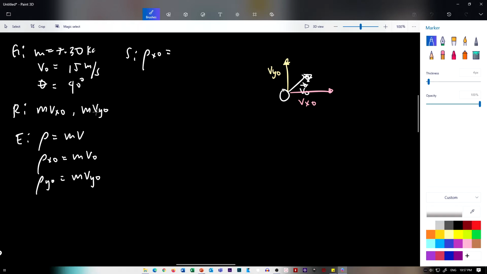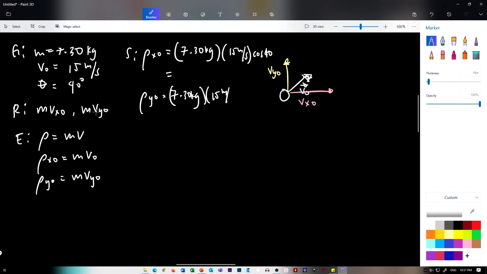Oh, forgot the unit here, so don't forget your units. That would be 7.30 kilograms. So our velocity is 15 meters per second cosine 40, right? Then that's it. For our y, I'm just going to write it first for proceeding. So we have 7.30 kilograms, and we have 15 meters per second sine 40.